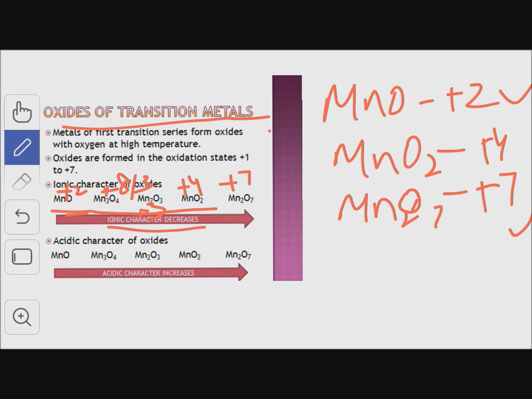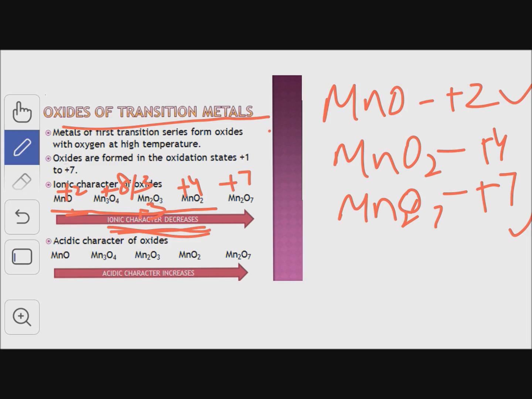When the oxidation state increases, the ionic character decreases, meaning the tendency to lose or transfer electrons decreases. Hence, the tendency to share electrons increases, meaning covalent character increases when the oxidation state increases, and the ionic character decreases when the oxidation state increases.